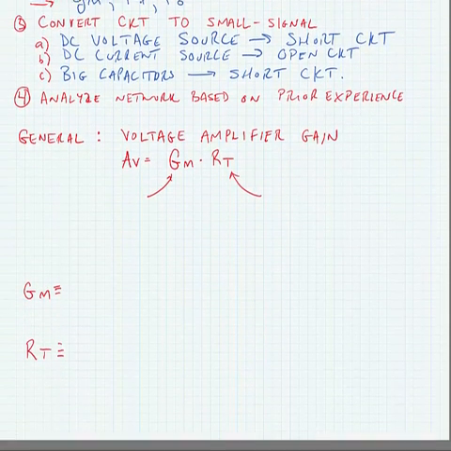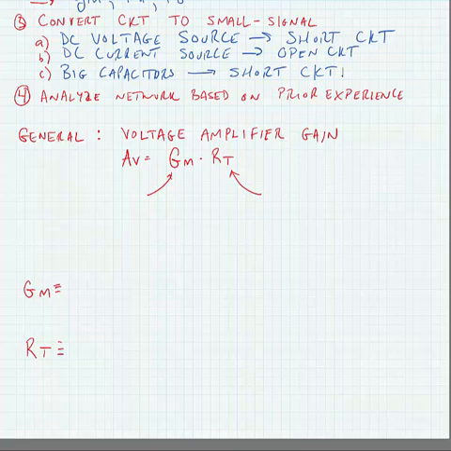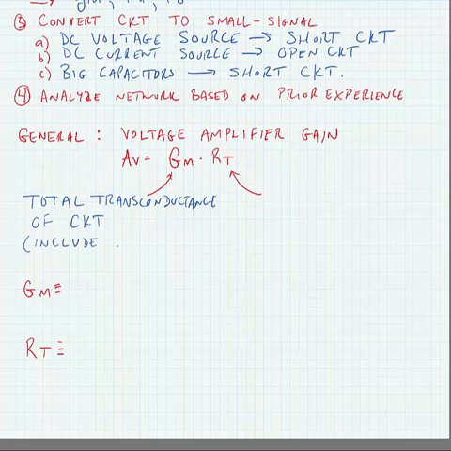Now, in general, voltage amplifier gain is given by the following formula: big Gm times big Rt. Big Gm is the total transconductance of the circuit. And what this really means is that we're going to include the effects of all resistors and biasing circuitry and the like.